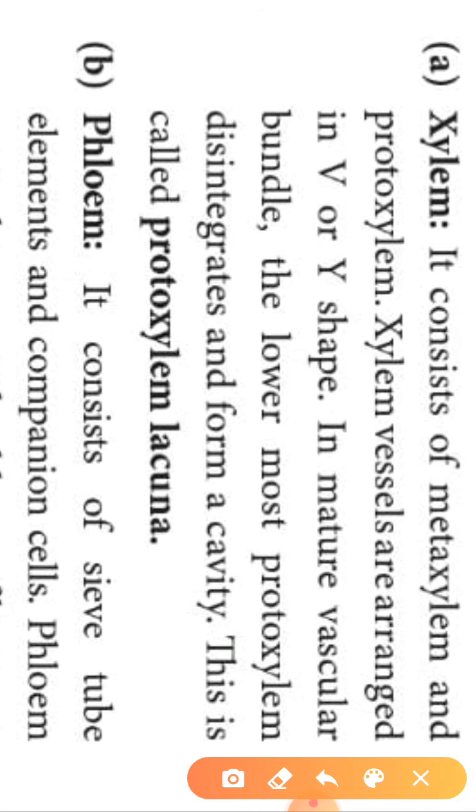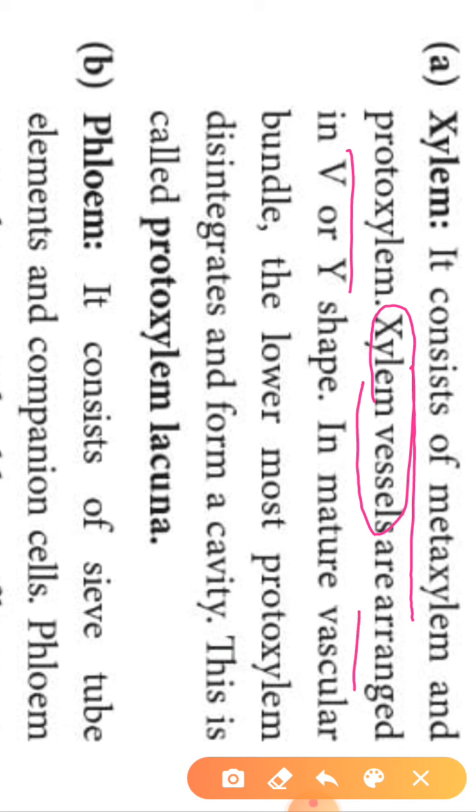Xylem is composed of metaxylem and protoxylem. Xylem vessels are arranged like V or Y shape. Mature means, write the meaning, fully developed. Mature means fully developed vascular bundle.